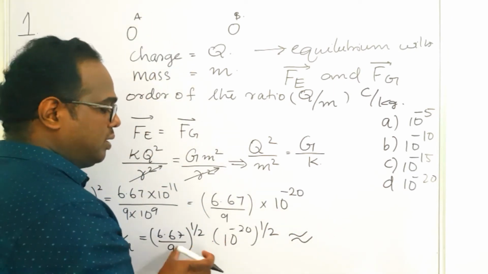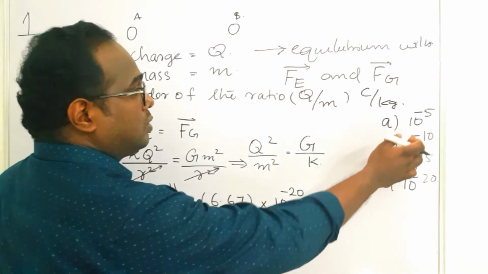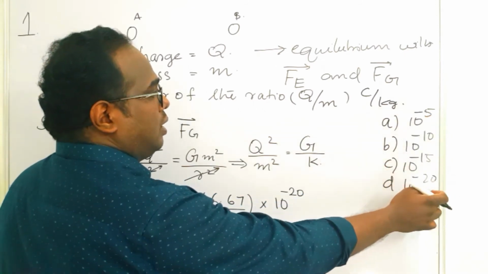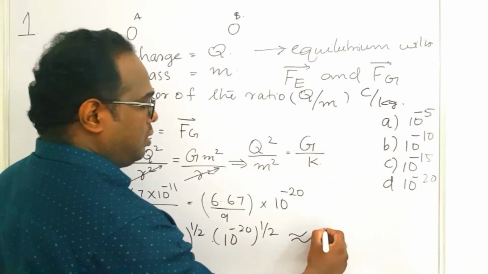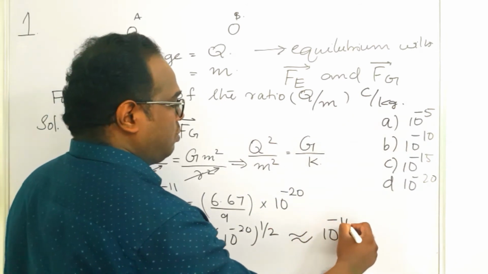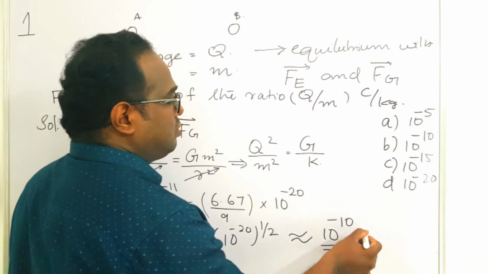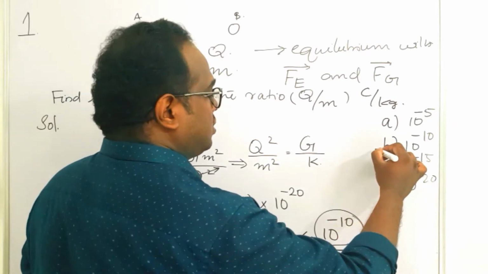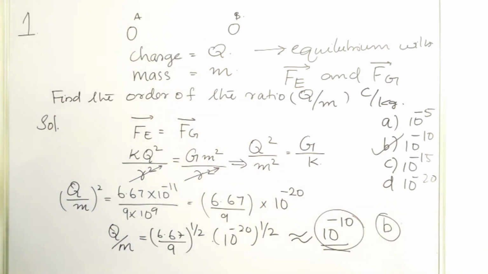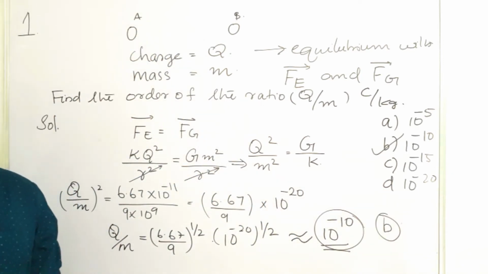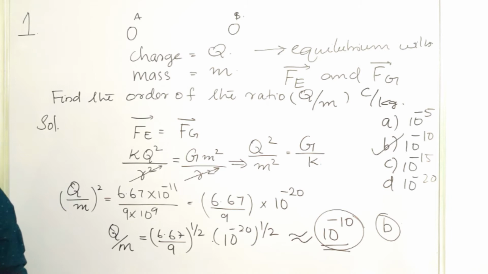You don't need to calculate this approximate value, because the options are 10 raised to minus 5, 10 raised to minus 10, like that. So it will be approximately equal to 10 raised to minus 10. So this will be the order, and the answer is 10 raised to minus 10, option B. Okay?